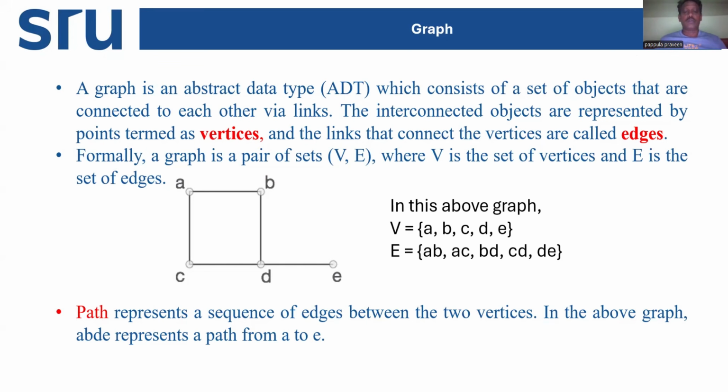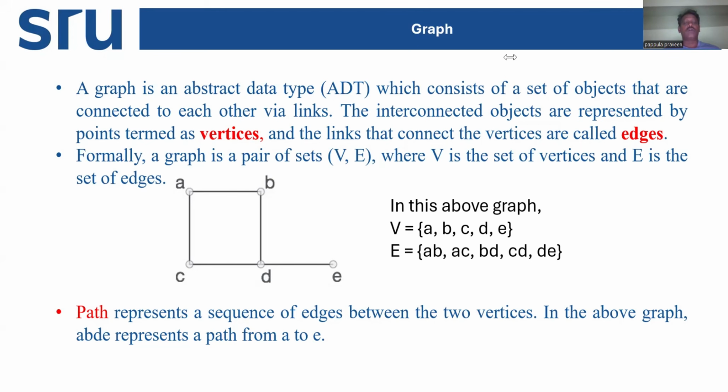So remember, a graph is a combination of vertices and edges. It is represented as a pair of sets V, E, where V is the set of vertices and E is the set of edges.